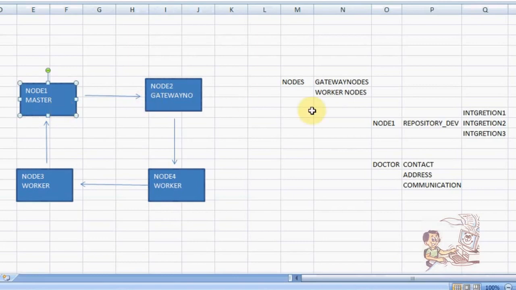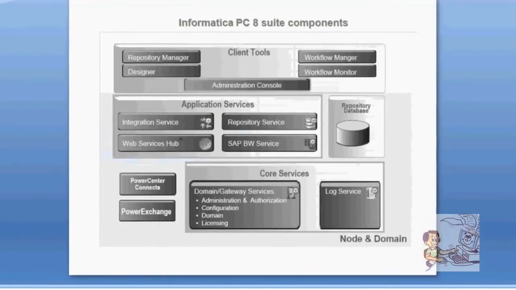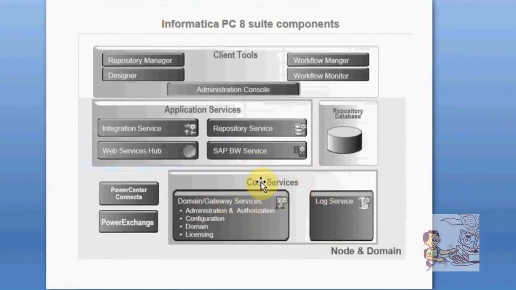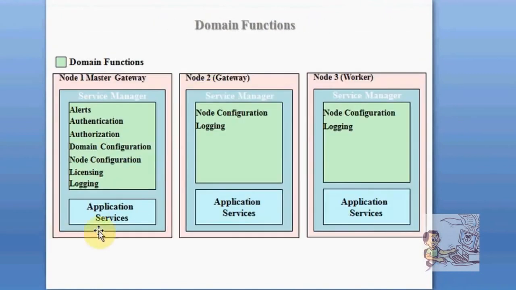Those are the core services. Here I'll explain one example. This is the domain, and in this domain you have 3 nodes: the master gateway, a normal gateway, and a worker node.